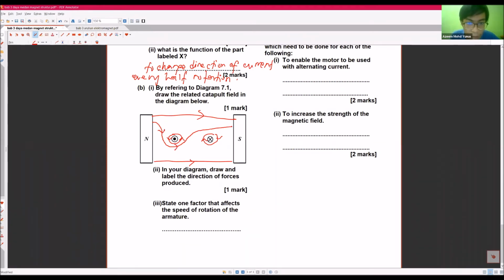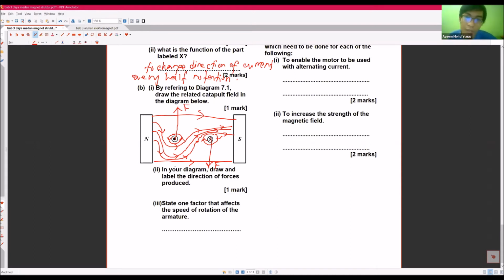Add more. Probably we can put one more. Make sure it doesn't touch each other. This is already enough. This will push upwards. This one will push downwards.